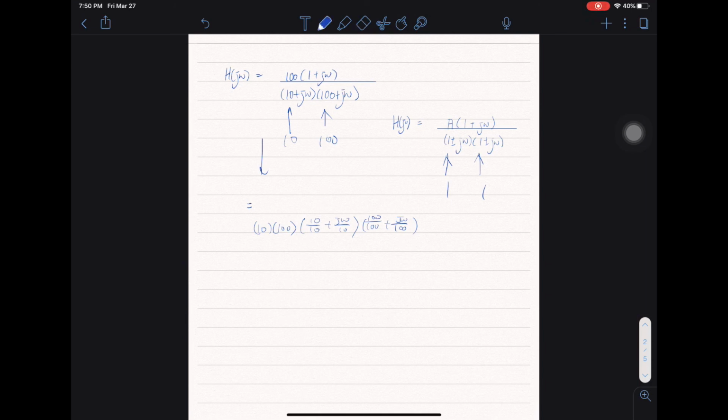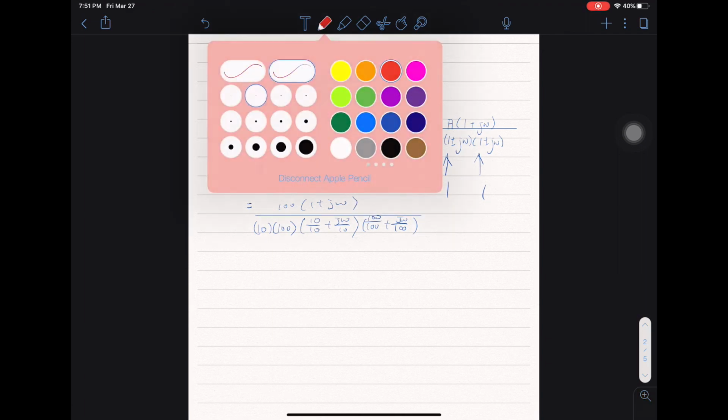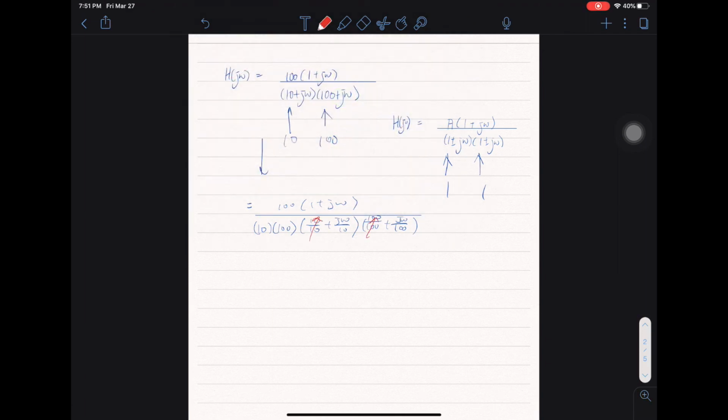On top it's gonna be 100, 1 plus j omega. So then when you cancel out, what you are left with will be 1 plus j omega over 10. So you can put this 10 on top, it will be 1 over 10, which is A. In the bottom, you have 1 plus j omega over 10, 1 plus j omega over 100.